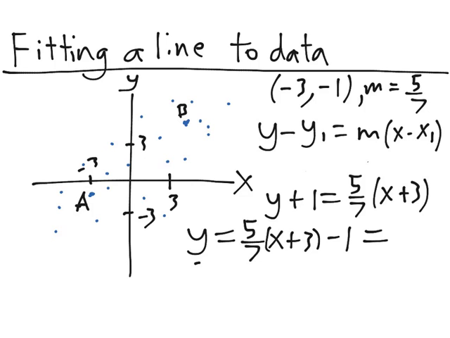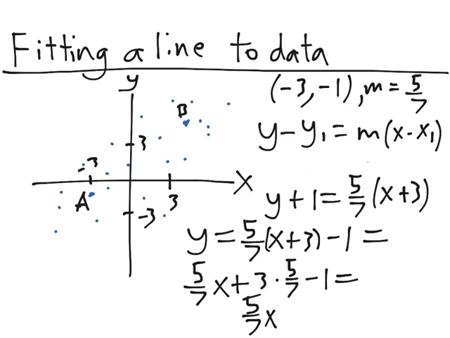This is just equal to 5/7 x plus 3 times 5/7, minus 1, which equals 5/7 x plus 15/7 minus 1, which is 7/7. 15 minus 7 is 8, so 5/7 x plus 8/7.